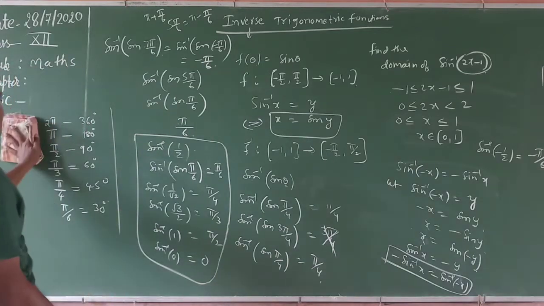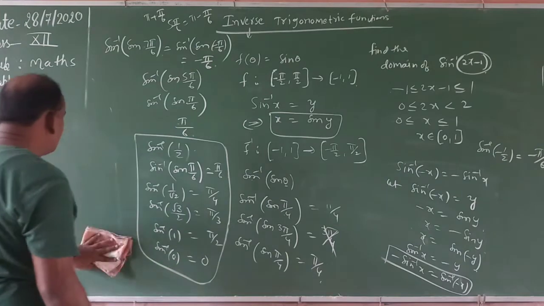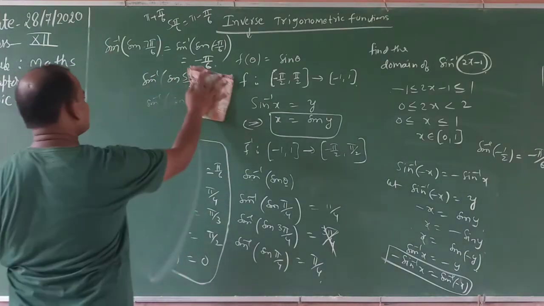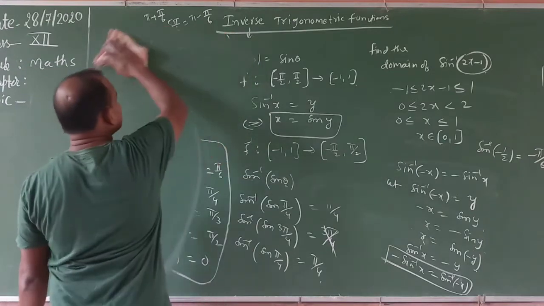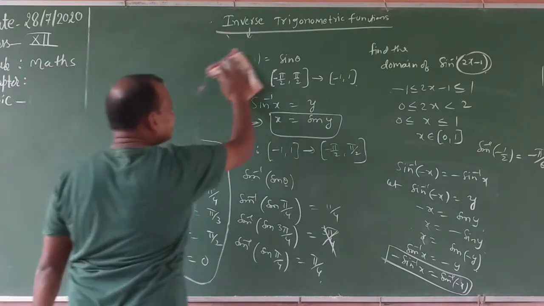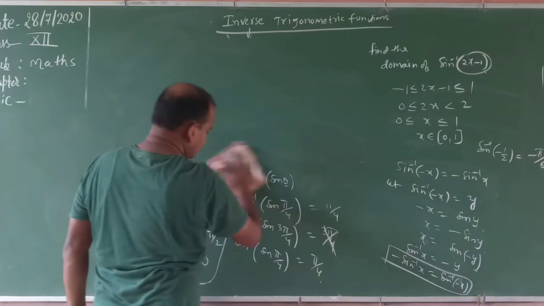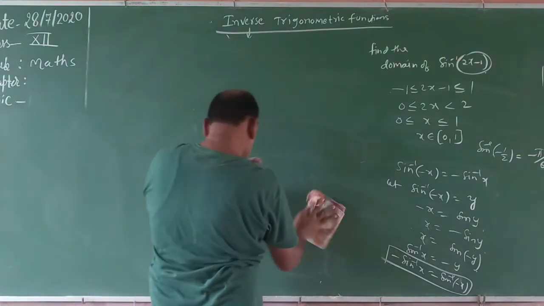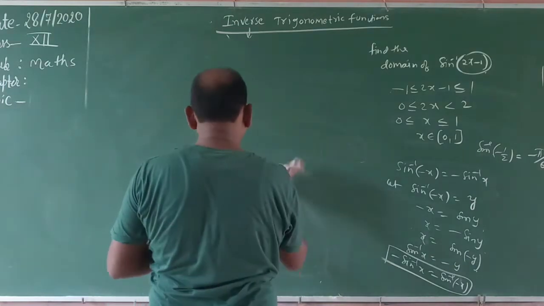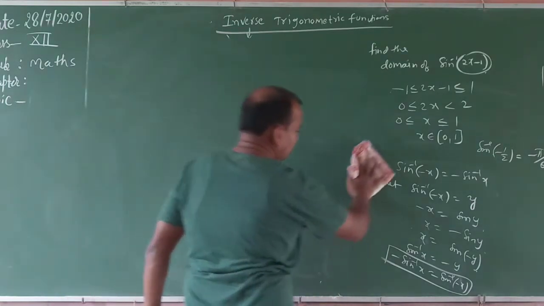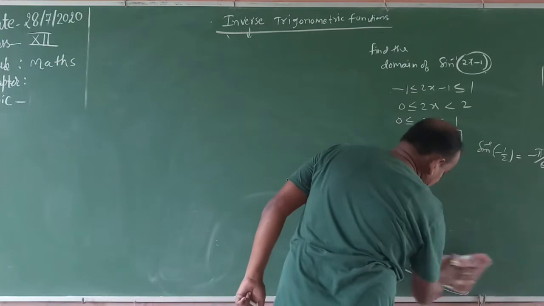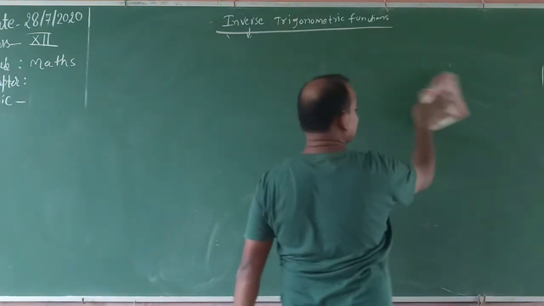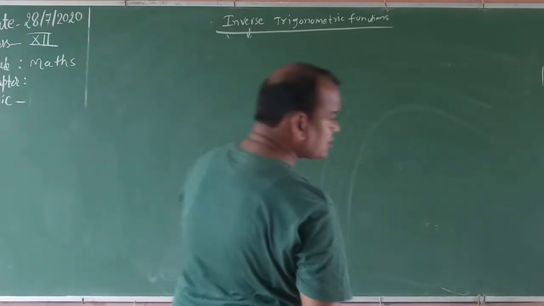Now in the similar way, whenever the cos function f of theta equals cos theta is bijective, meaning one-one and onto. First sine is over. Now cos.